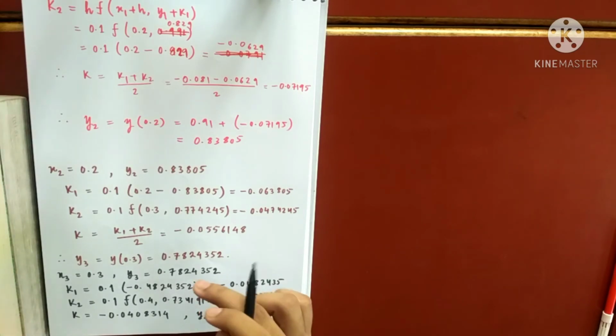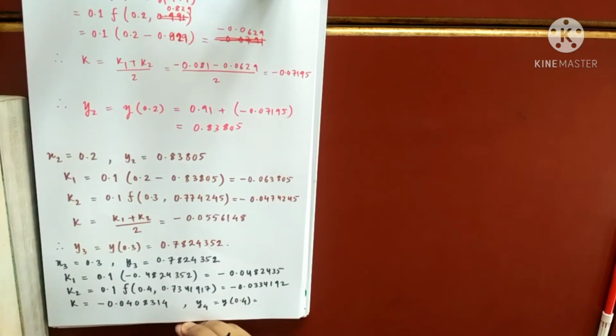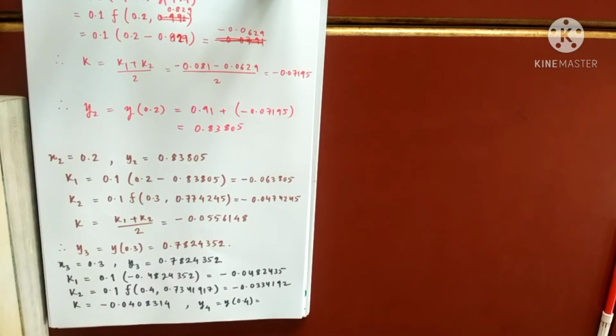It is this plus this, so eventually it will become minus because this minus is present here, right? So it is 0.7824352 minus this 0.0408314. It is coming as 0.741603. So which is y at 0.4.